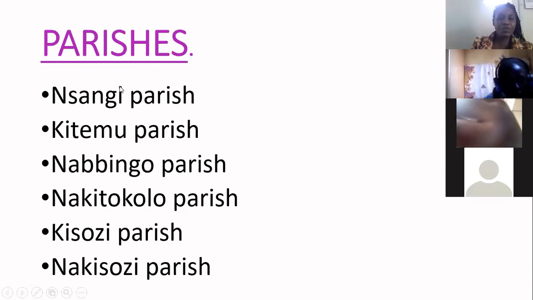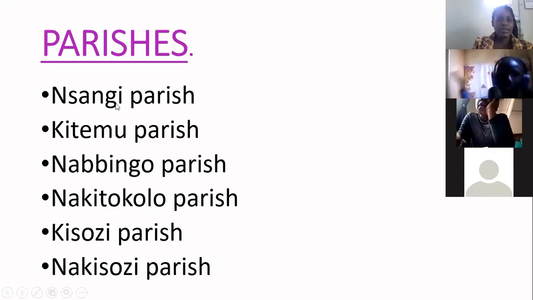We have Nsanji Parish. The sub-county is Chengera, for the people who are in Nsanji. We have Nsanji Parish, where our school is found, Nsanji for the ELYON boarding section.